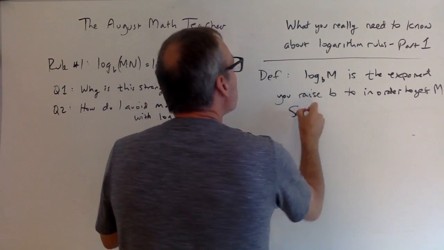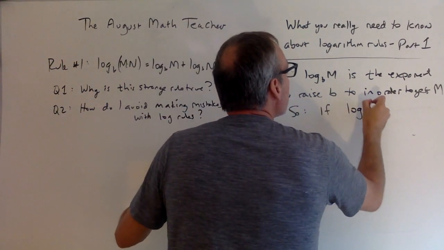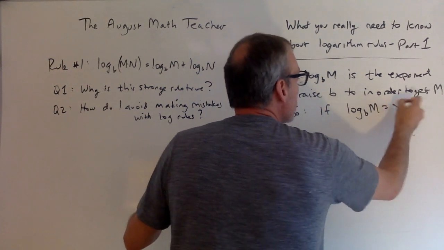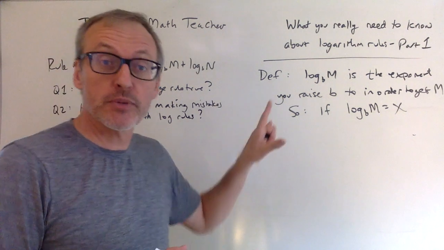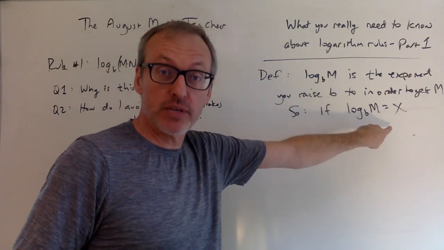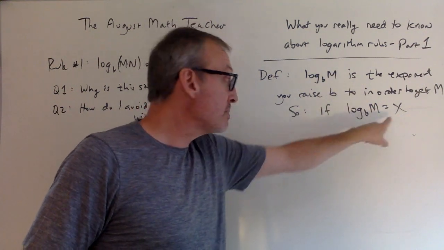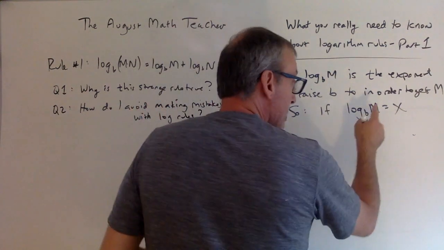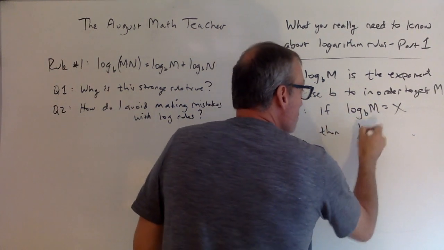So, if we ever have that the log base b of m is equal to some number, and let's just name it x. Now you're seeing similar letters here as to this one. Don't worry too much about that right now. Just think about, suppose you had the log base b of m is equal to x. Then this thing is an exponent, which means that x value is an exponent. It's the exponent you raise b to.